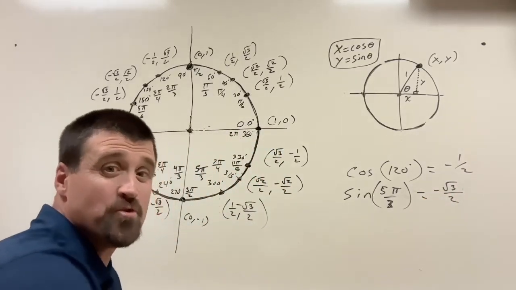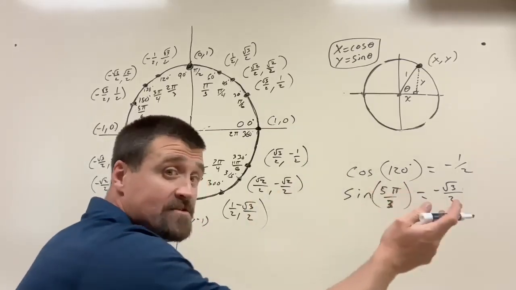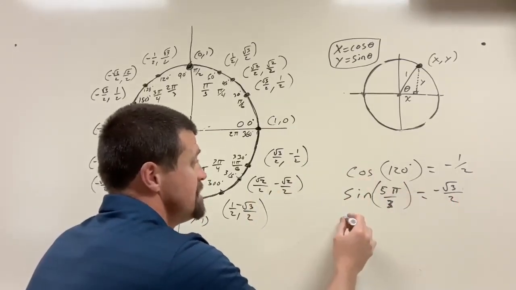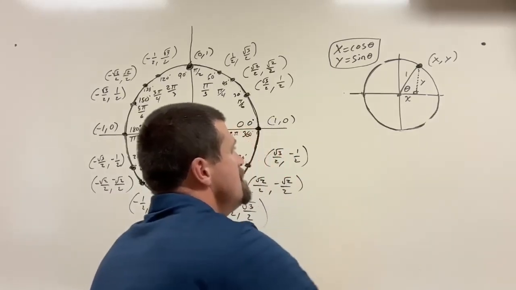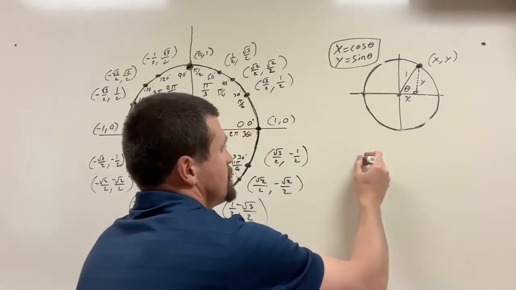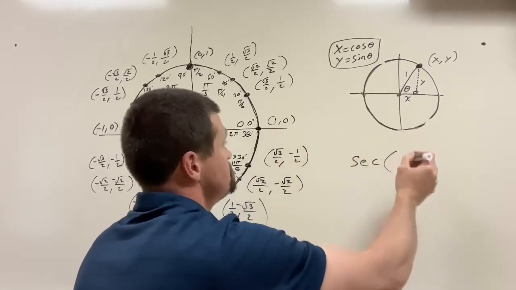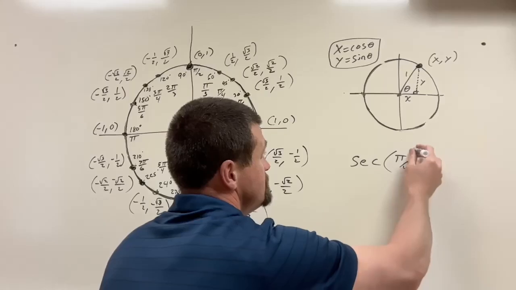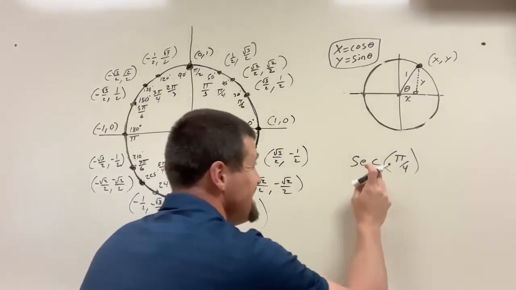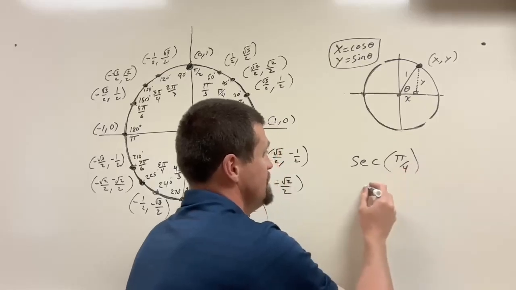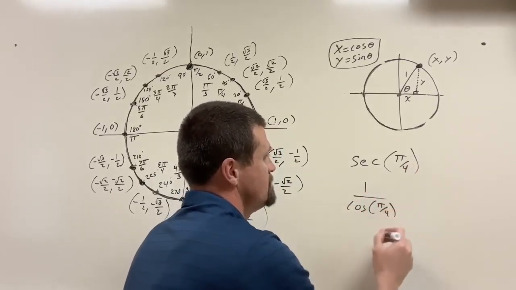If I were to ask you one of the other trig functions, you would just use your reciprocal identities or your quotient identities. So if I were to ask for the secant of pi over 4. So you'd go to pi over 4 on the unit circle. We know that secant is equal to 1 over cosine. So this would be 1 over the cosine of pi over 4.